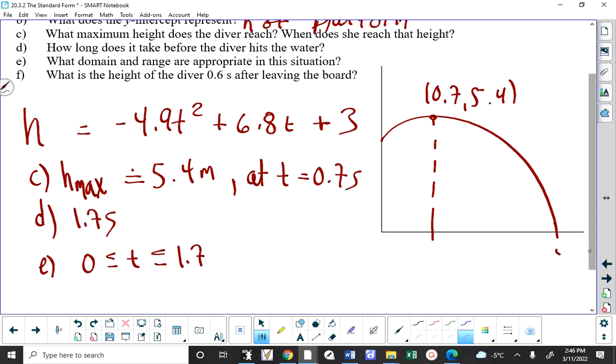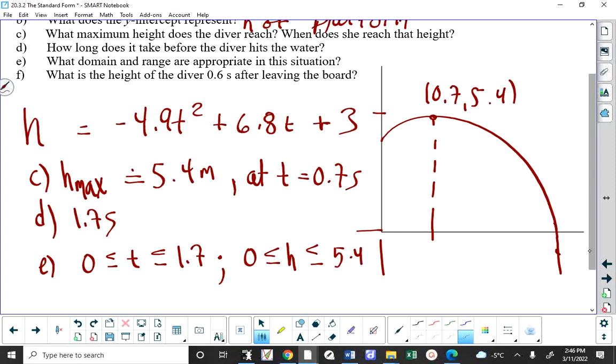It's from 0 to 5.4. So this is the domain in between here. This is the range in between there. Again, if it's a real world application, you have to look at what these numbers mean. So the range is 0 is less than or equal to h, which is less than or equal to 5.4.